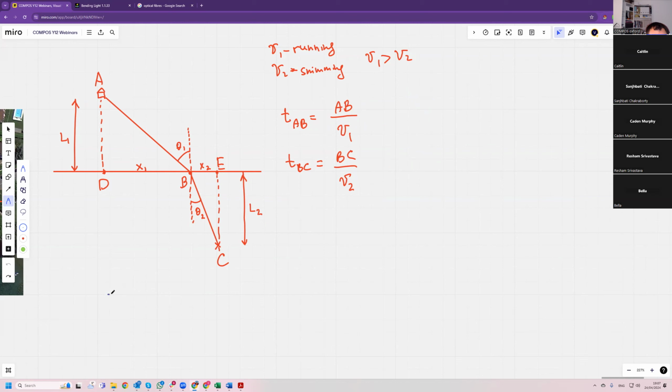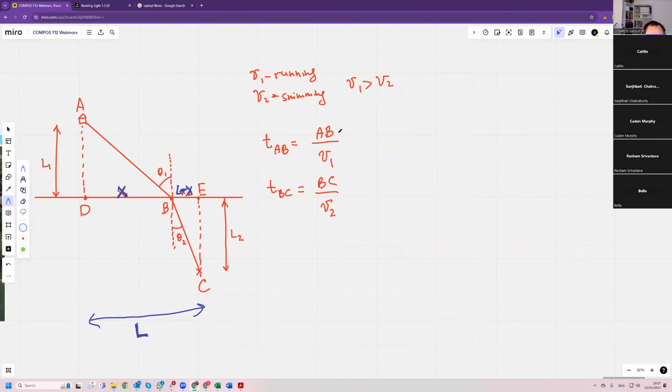What I'm going to do is denote this value as L. Let's call it L, and this we'll just call X, and therefore this is L minus X.